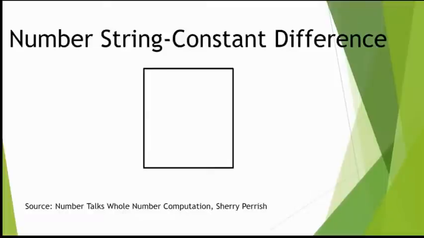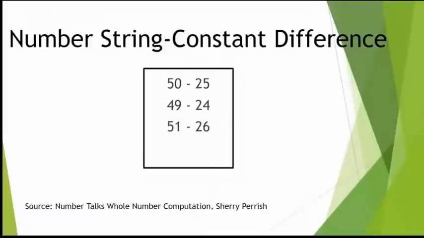An example of a number string for constant difference found in Sherry Parrish's book on Number Talks, Whole Number Computations. So you might start with purposely choosing this problem because you're working with subtraction. The first thing that you notice is that they're in a sequence of like problems. So 50 subtract 25, and students might come up with a wonderful strategy. And then the next thing that you notice is that you have one that's not so easily computed.